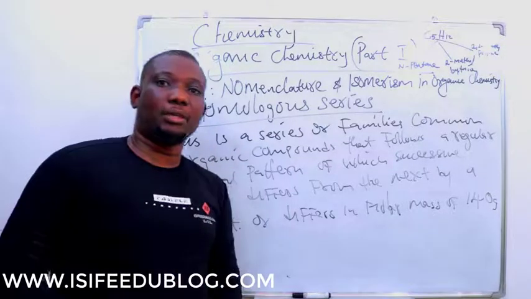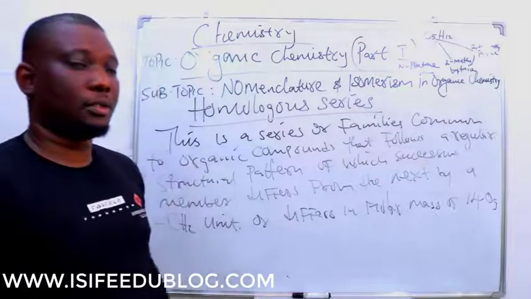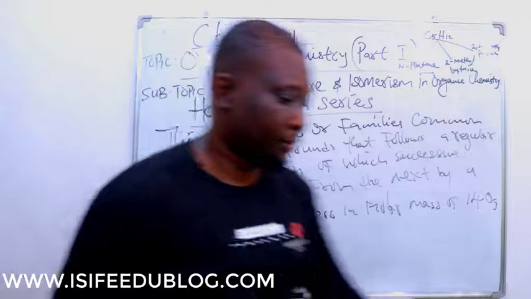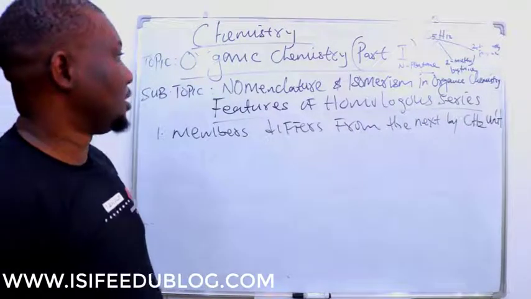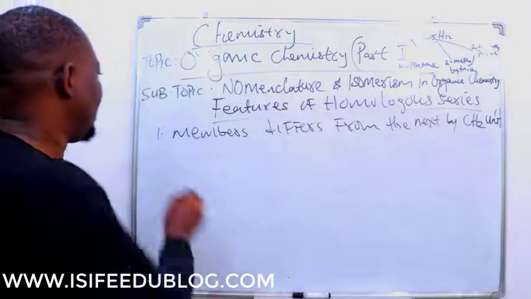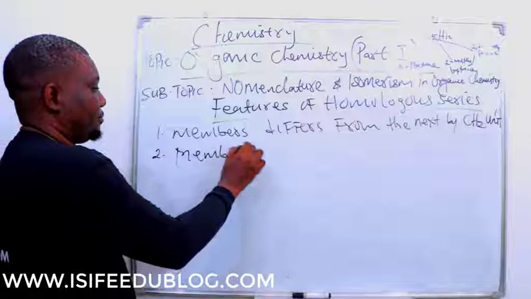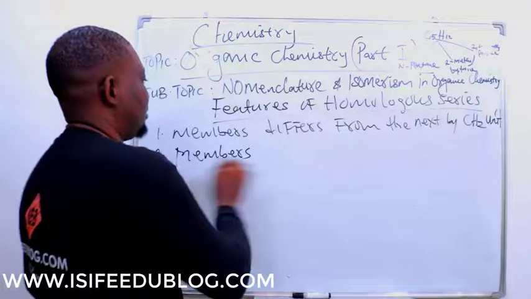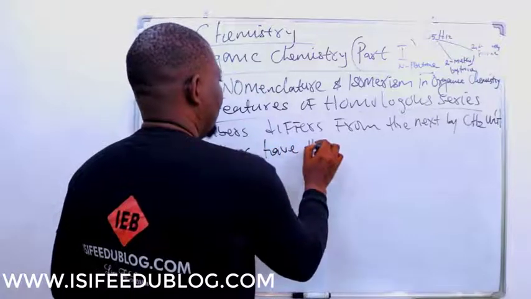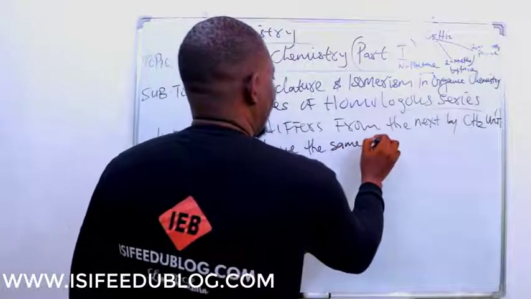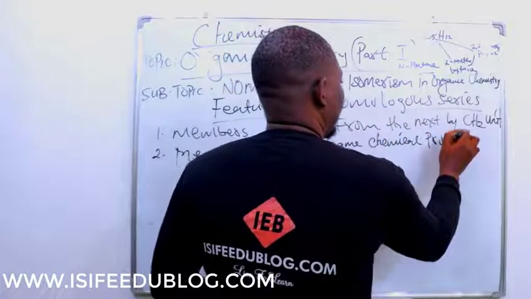Without wasting time, I would like us to look at the characteristics of homologous series. Number 1, members differ from the next by CH2. That's one of the features of homologous series. Number 2, members have the same chemical properties.